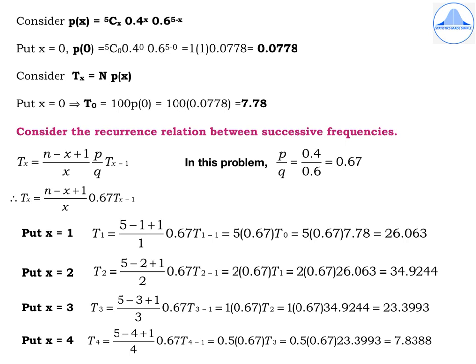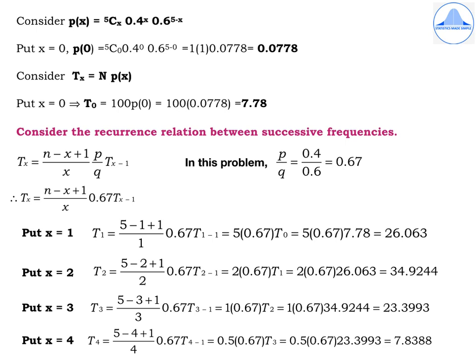Similarly, put x equal to 2. So you will get T2 is equal to 5 minus 2 plus 1 by 2, 0.67 T2 minus 1, which is equal to 2 into 0.67 T1, which is equal to 2 into 0.67 into 26.063, which is equal to 34.9244.